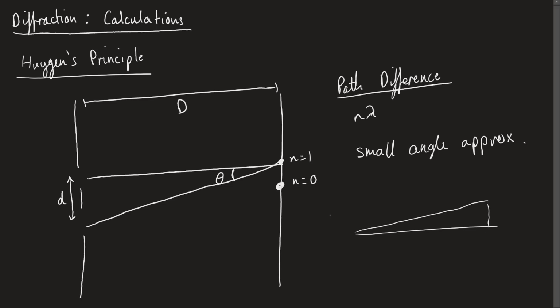So if we have an angle here that is incredibly small, then we can approximate that the distance across here is going to be the same as the distance here.